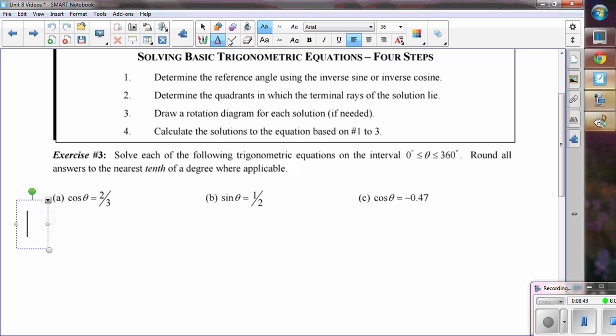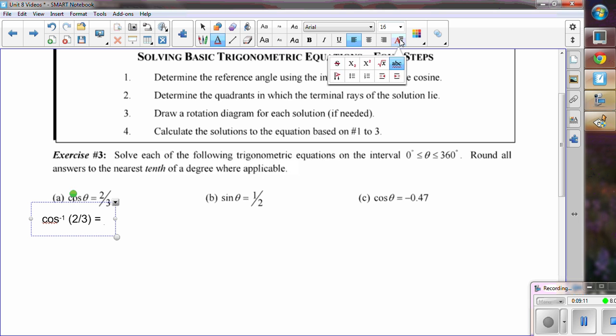So cosine theta equals 2/3. The very first thing you need to do is apply the inverse cosine function to both sides. The inverse cosine of 2/3 is going to equal theta.